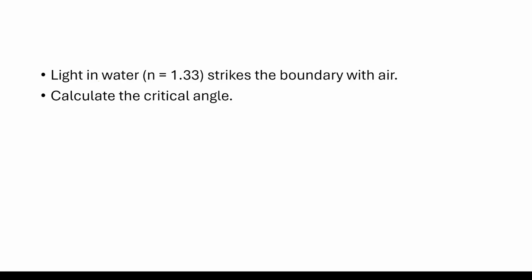Okay, go ahead, pause and do this one. Light in water strikes the boundary with air. So it's going from water to air. Calculate the critical angle. So if this is a critical angle, this is how my light would be going. At critical angle, R is 90.